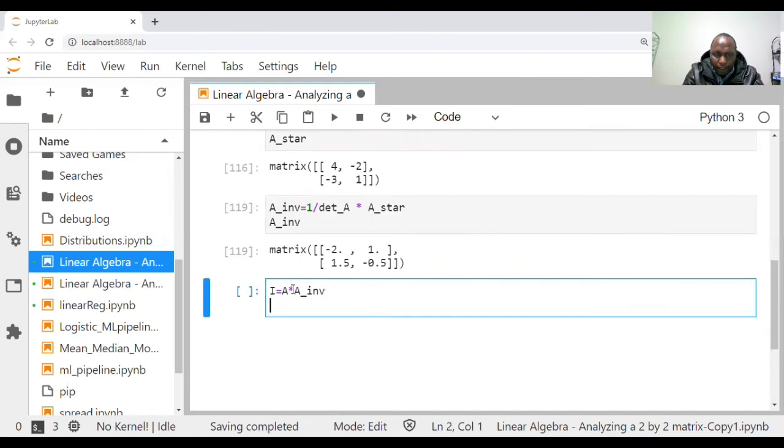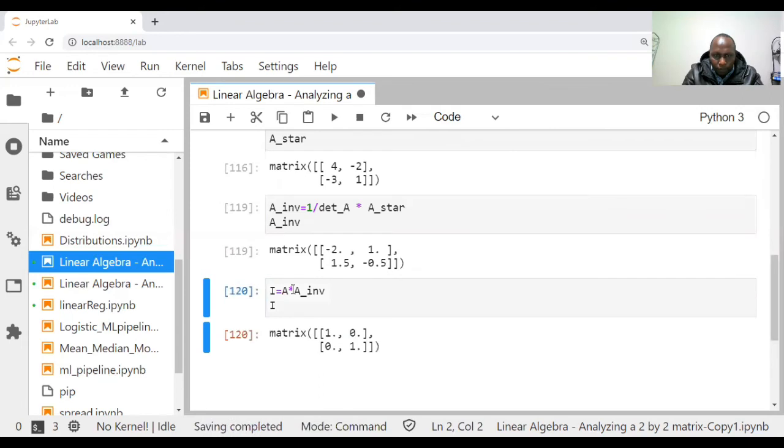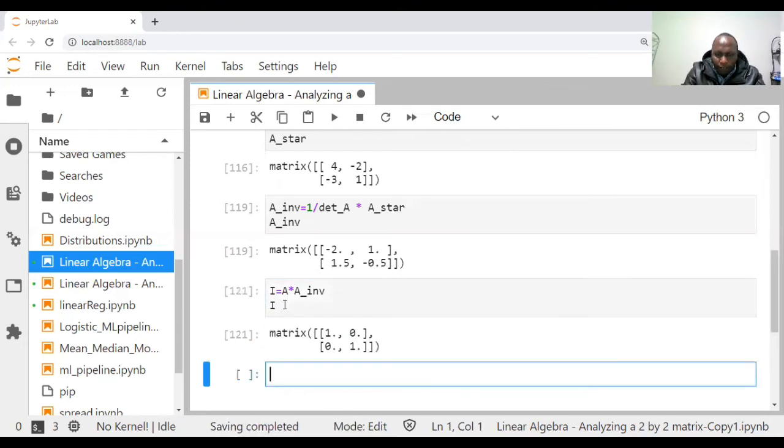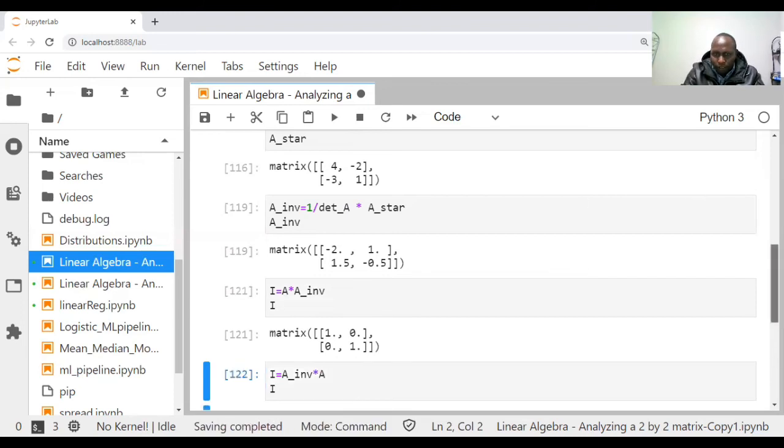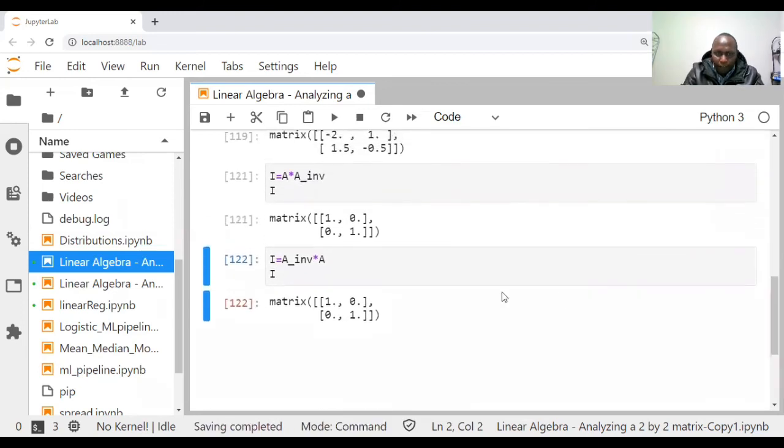It should be the identity matrix, the 2 by 2 identity matrix. And correct, we have it. We can also check by pre-multiplying A by its inverse. So we can say A inverse times matrix A, and it is correct. We see that we have the same identity matrix.